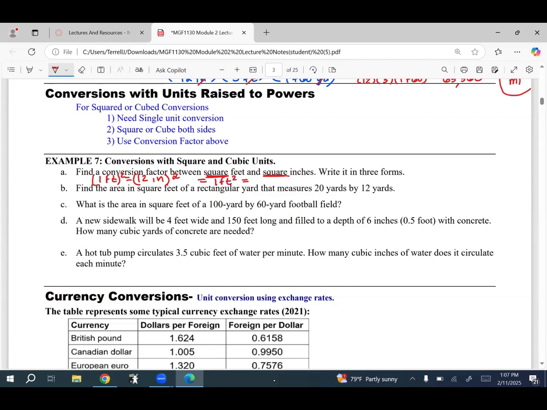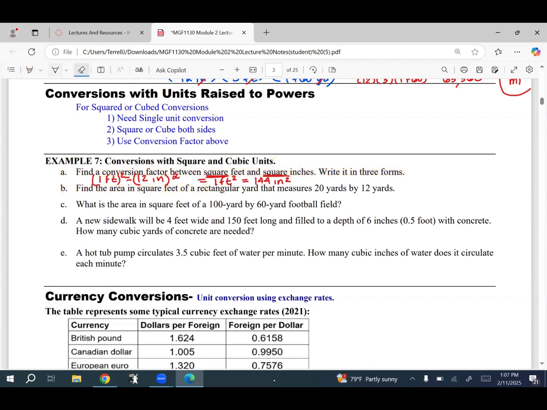Here you're going to do 12 squared, which is 12 times 12, 144, and you also square the units. And that is my conversion now. 1 square foot is 144 square inches.